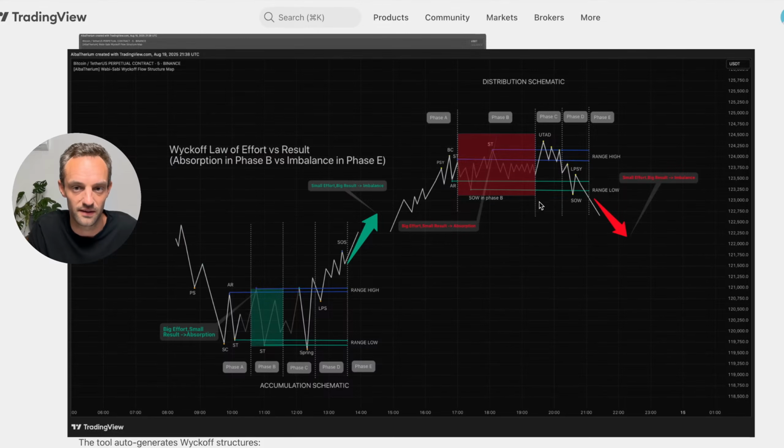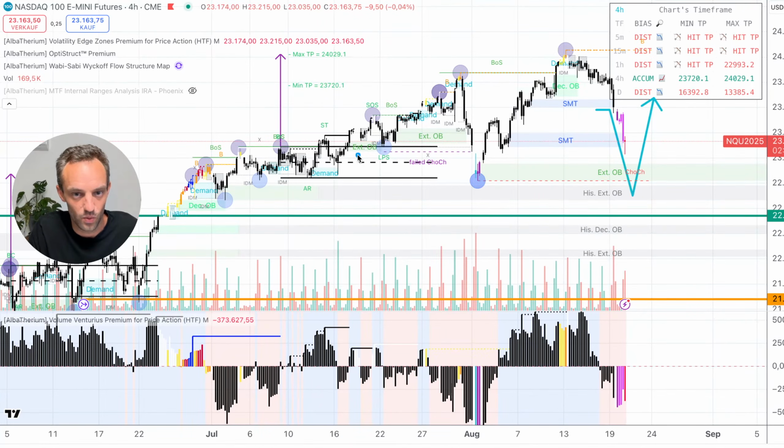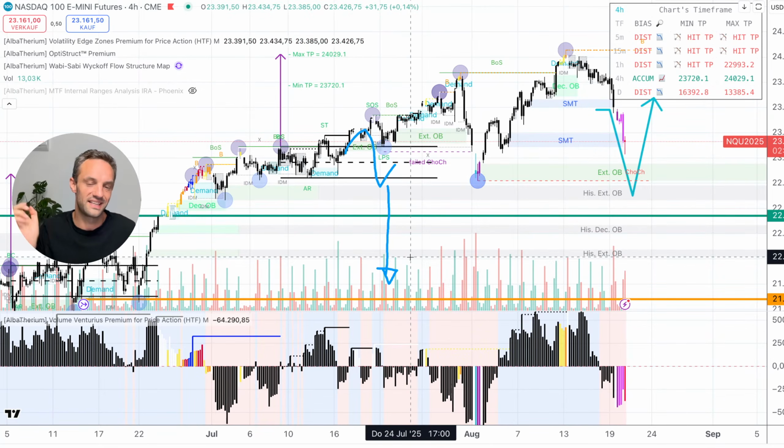For example, here in the range, and it can manipulate up and down. Just want to tell you right from the beginning, if we see this break to the downside again, this fake, it will print another target to the downside.